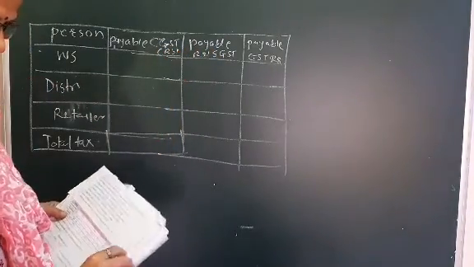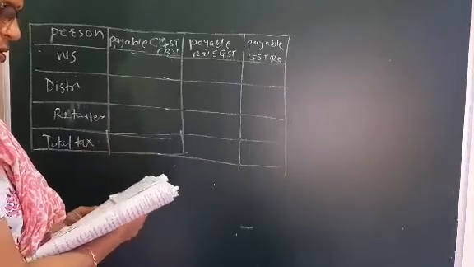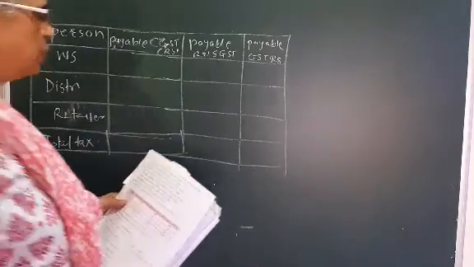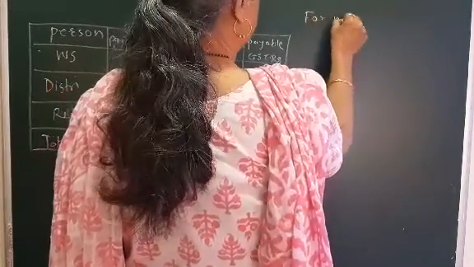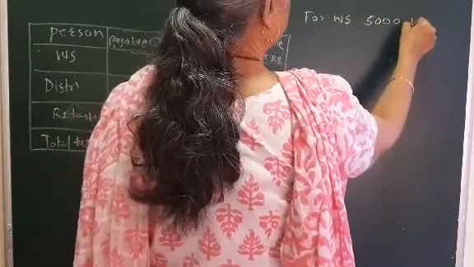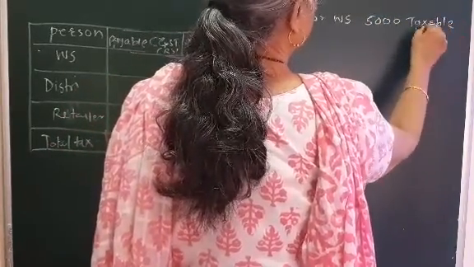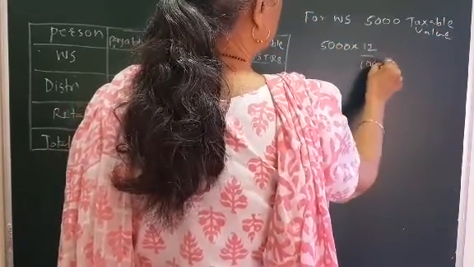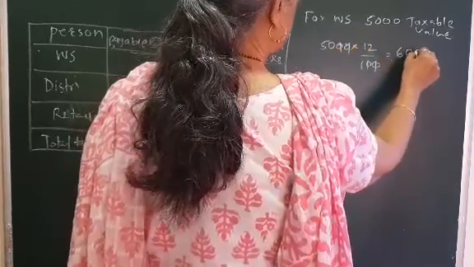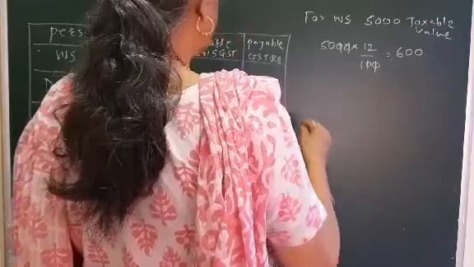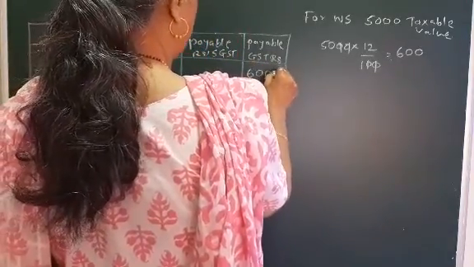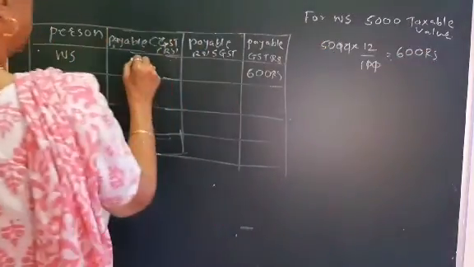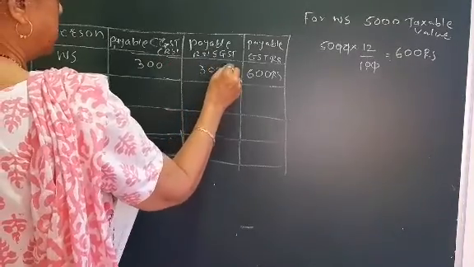So first they have given 5,000 as the taxable value for the wholesaler. So 5,000 into 12 upon 100, that will give you 600. So payable GST in rupees, here you write 600 rupees. Followed. So as here CGST will be 300, SGST will be 300 rupees.